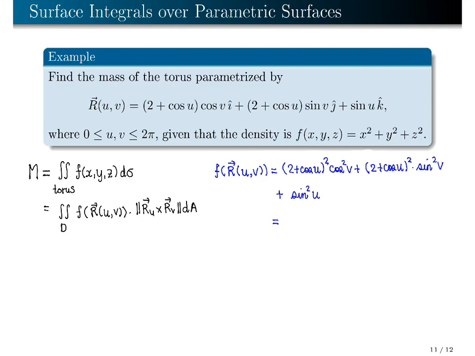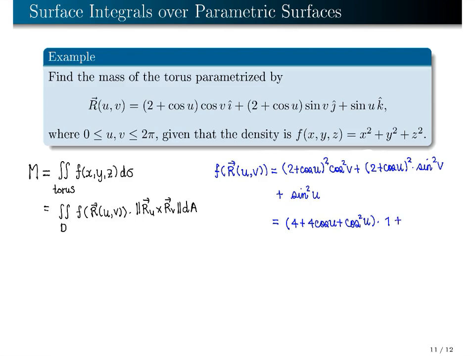We can factor out the square of 2 plus cosine u from the first two terms, which when simplified becomes 4 plus 4 cosine u plus cosine squared u, multiplied with what is left, which is cosine squared v plus sine squared v, which reduces to 1.